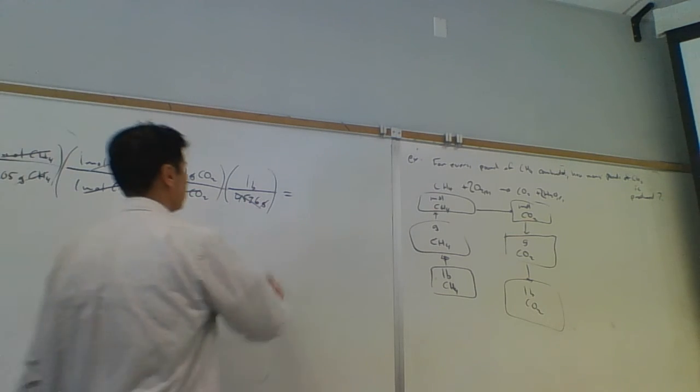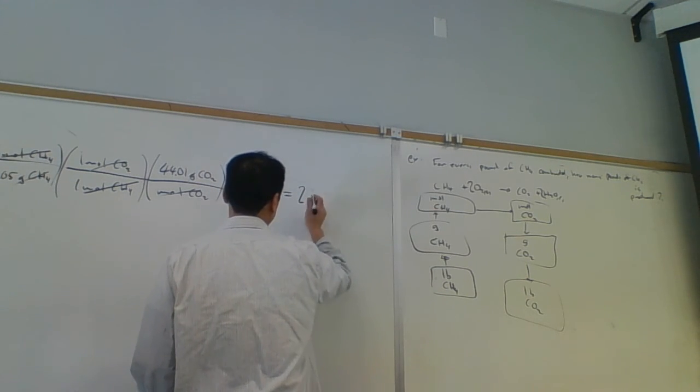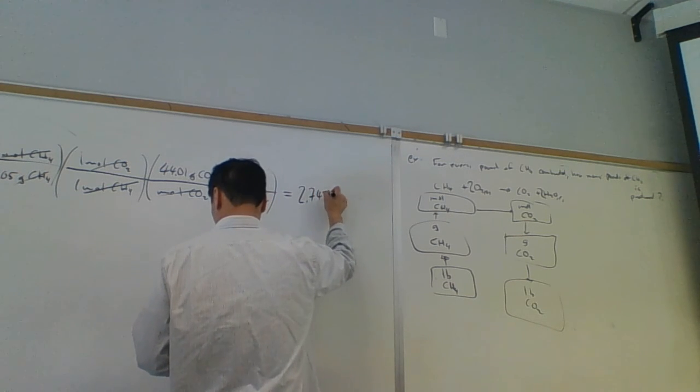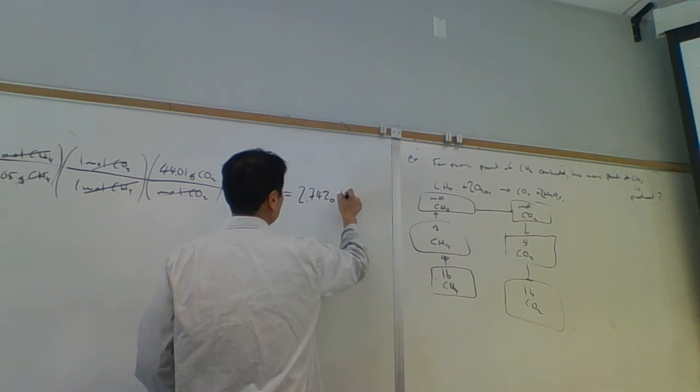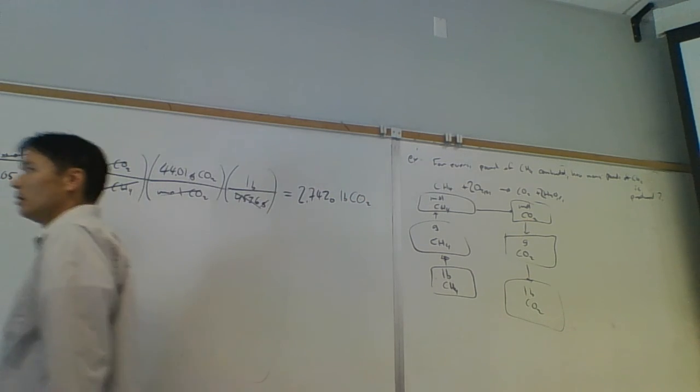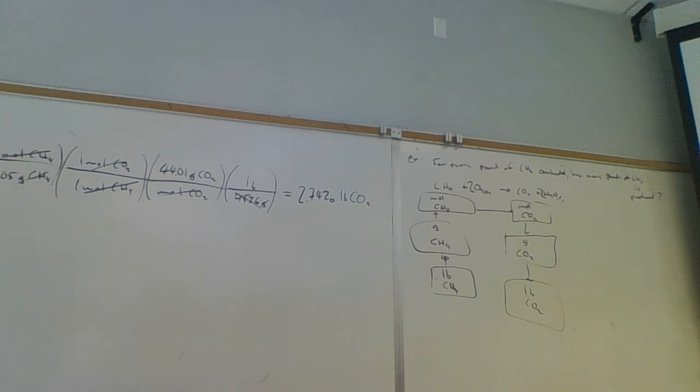How many significant figures am I allowed? Yeah. So we'll go 2.742 pounds of CO2. Almost 3 pounds, 2 3/4. So we can say for every pound of methane, we're going to generate about 3 pounds of CO2.